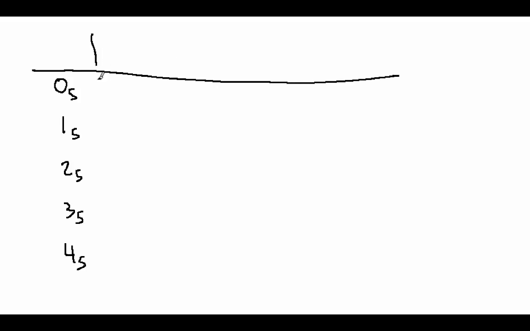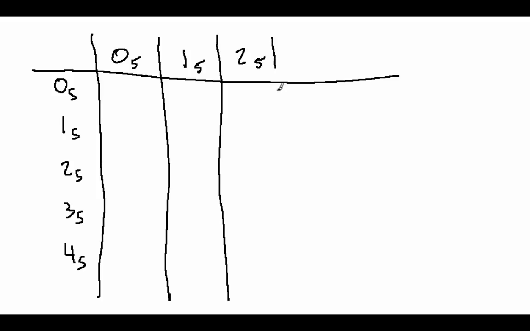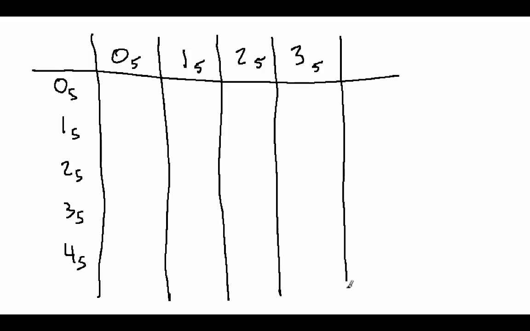We could come over here and say 0 sub 5, 1 sub 5, 2 sub 5, 3 sub 5, 4 sub 5.